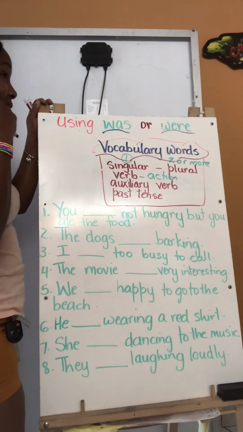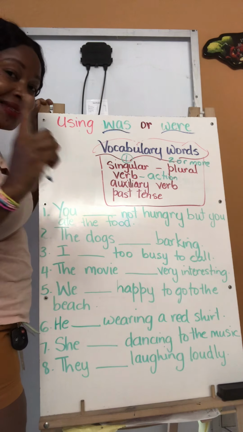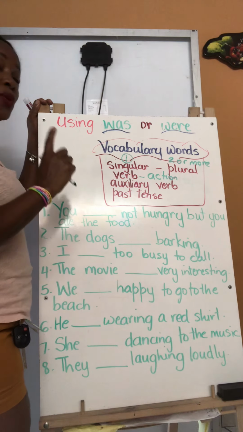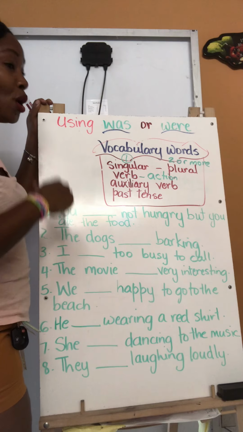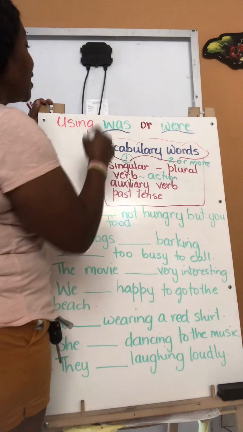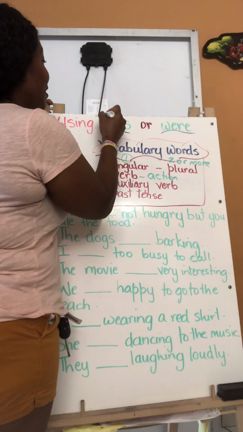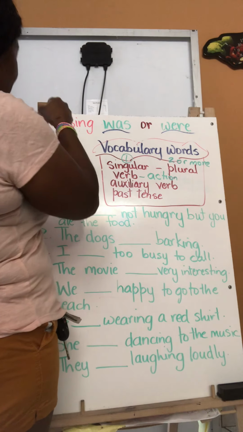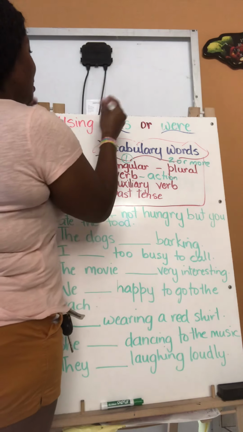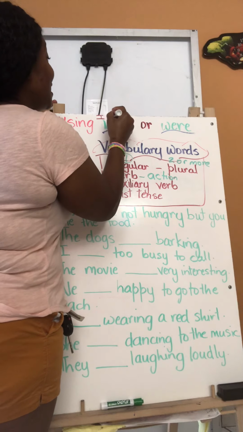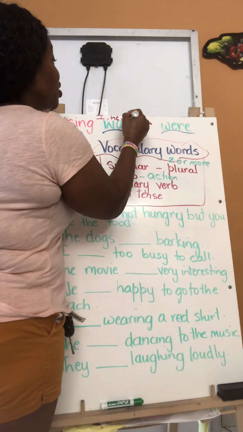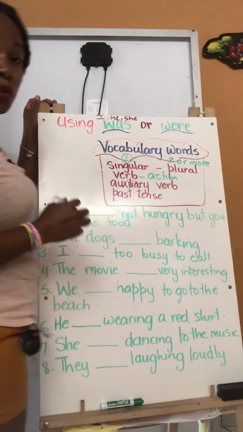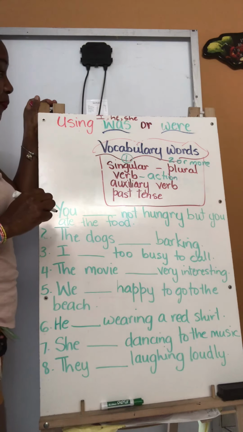So we have to think. It's used to show the past tense, and it's also used when we're referring to one. So if we're saying I, we use was. If we're saying he or she, we also use was.